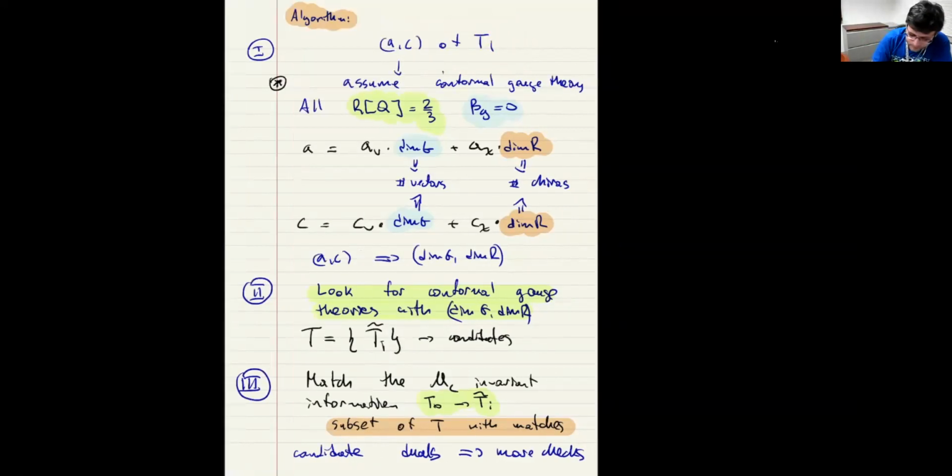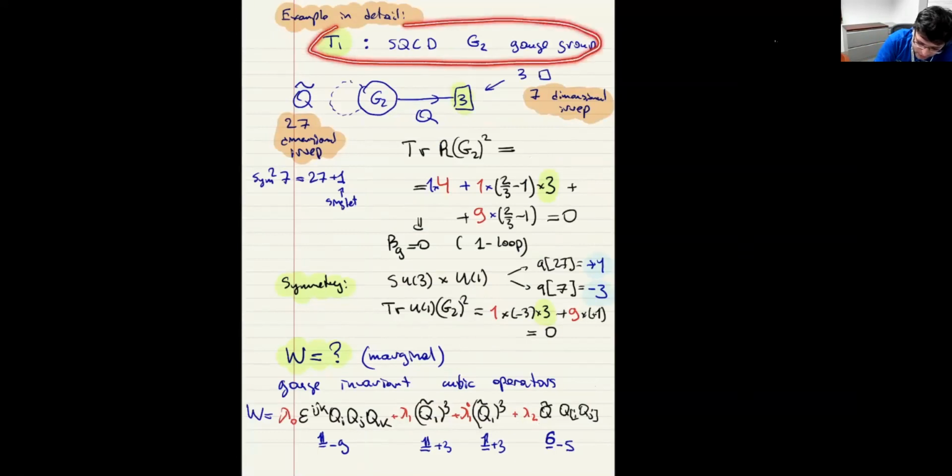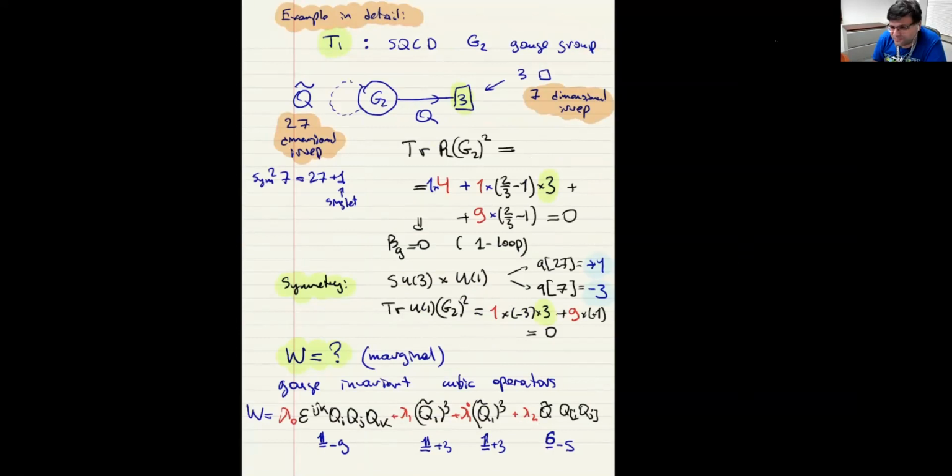Okay. So what is the example that I'm going to discuss? We will take this theory T1 to be an SQCD with the G2 gauge group. Okay, there are several reasons why I chose this example, although I could have chosen others. Well, one reason is that the analysis here is rather simple, maybe the simplest.